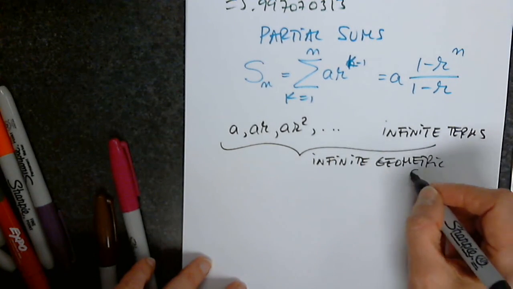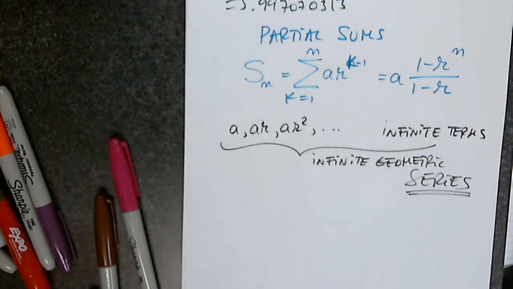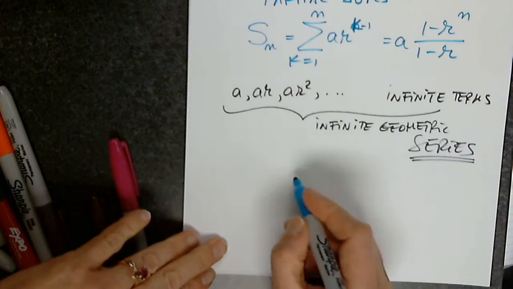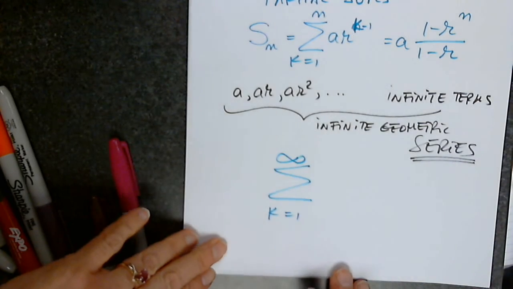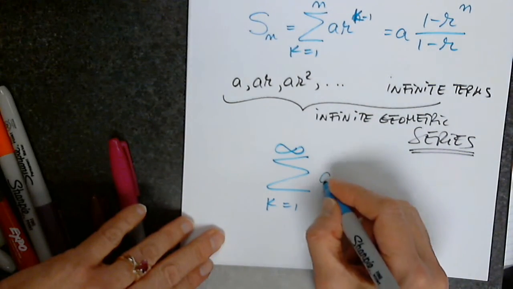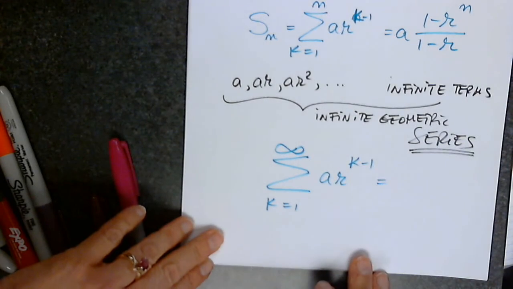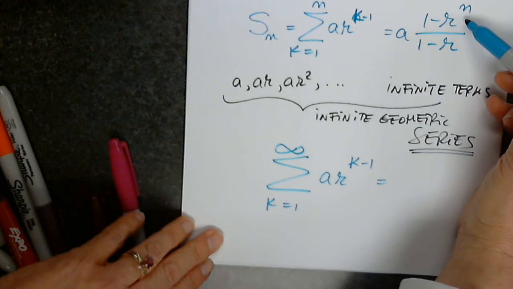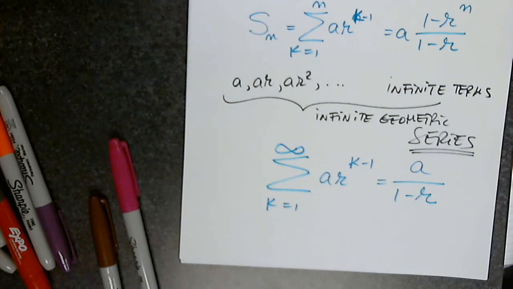It's a geometric series only because it has infinitely many terms. If that's the case, the sum from k equals 1 through infinity of A R to the k minus 1, this term will disappear, and we only have A divided by 1 minus R.